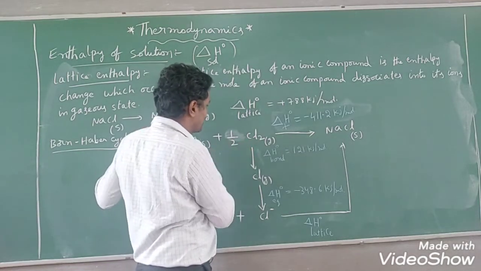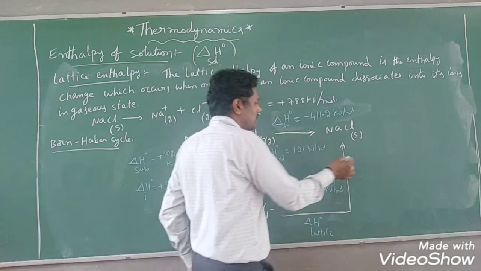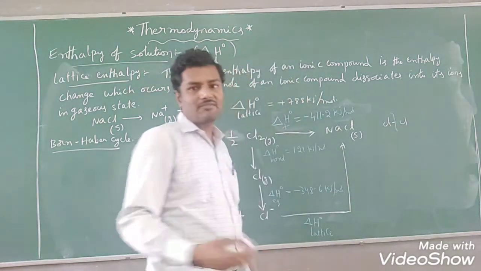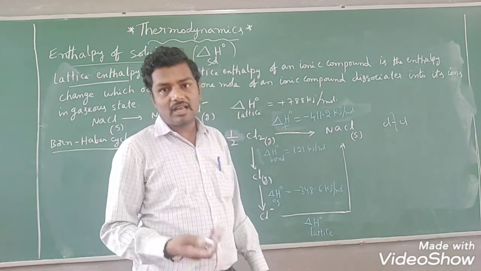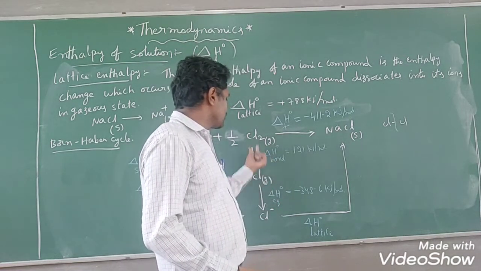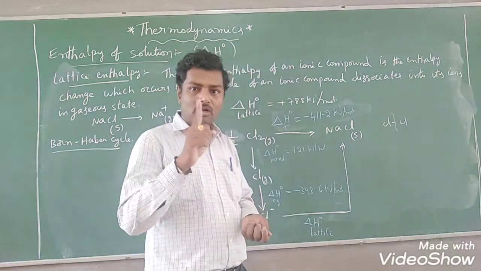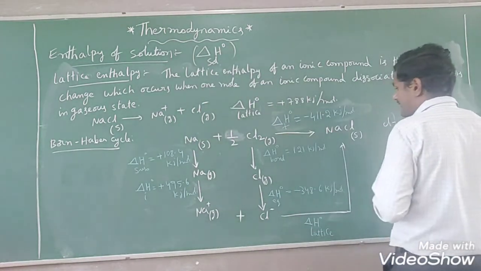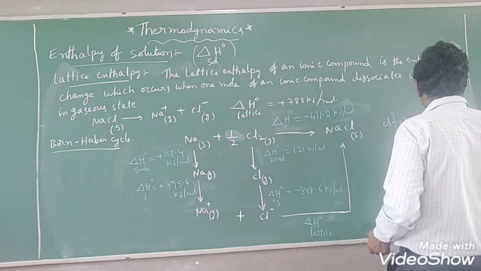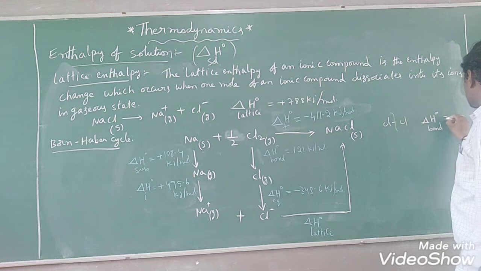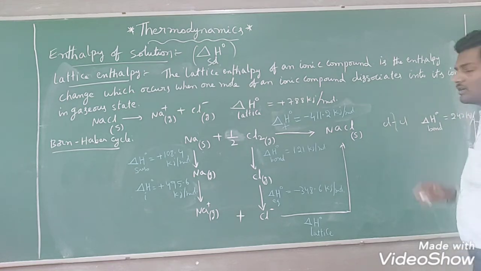See here, Cl bond is present here. Cl2 means what? Cl bond is present. If you want to break the bond between chlorine, some amount of energy is required. That energy we can call as what? Bond dissociation enthalpy. So what is the bond dissociation enthalpy of Cl2? Cl2, 1 mole means 242 kilojoule per mole, na?